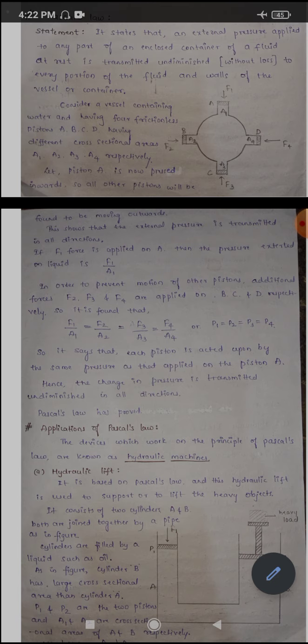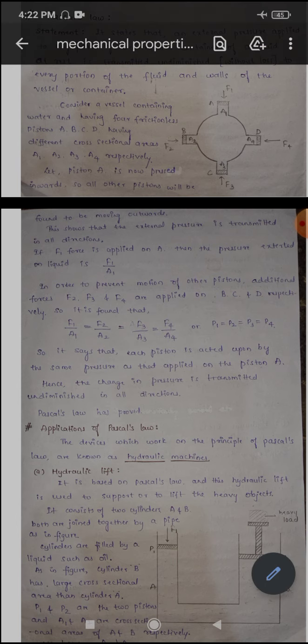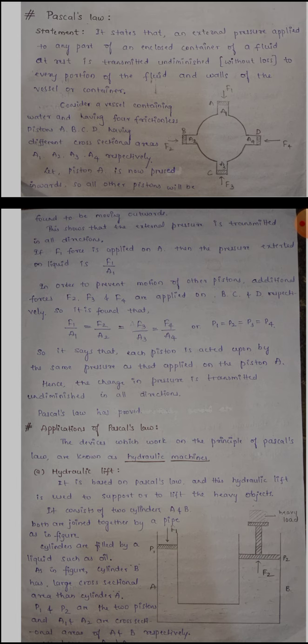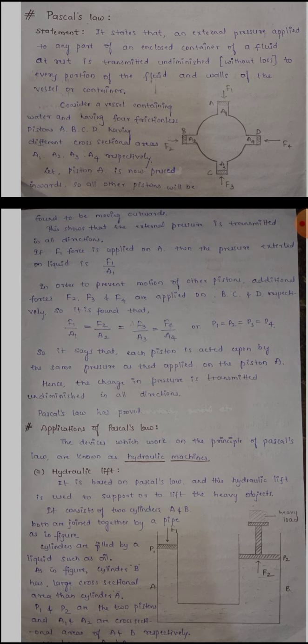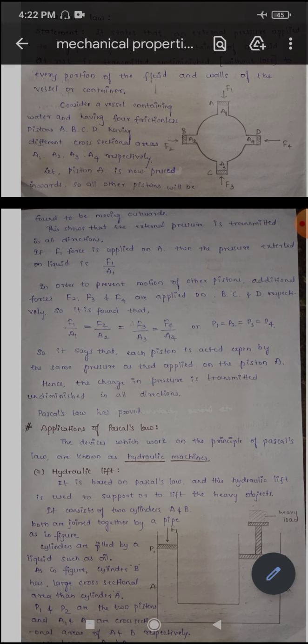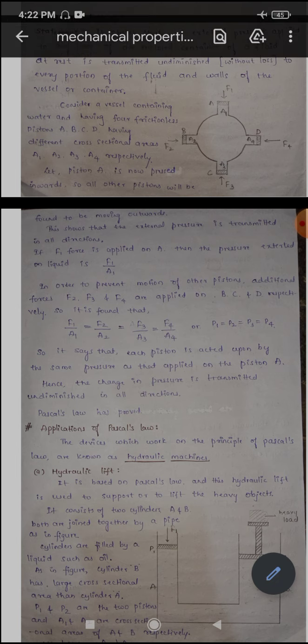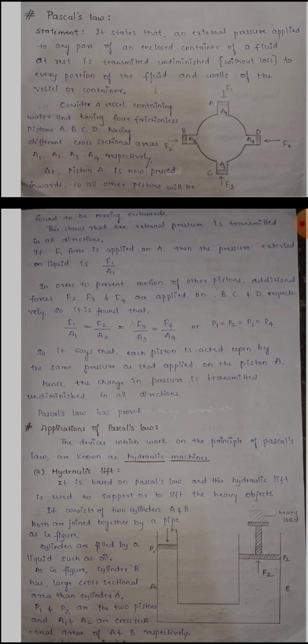So the pressure on piston A is F1 divided by A1.